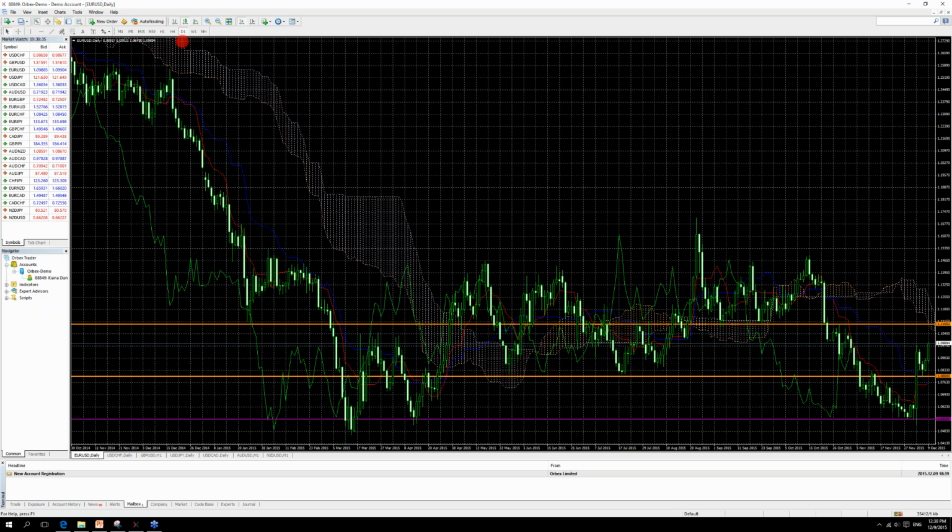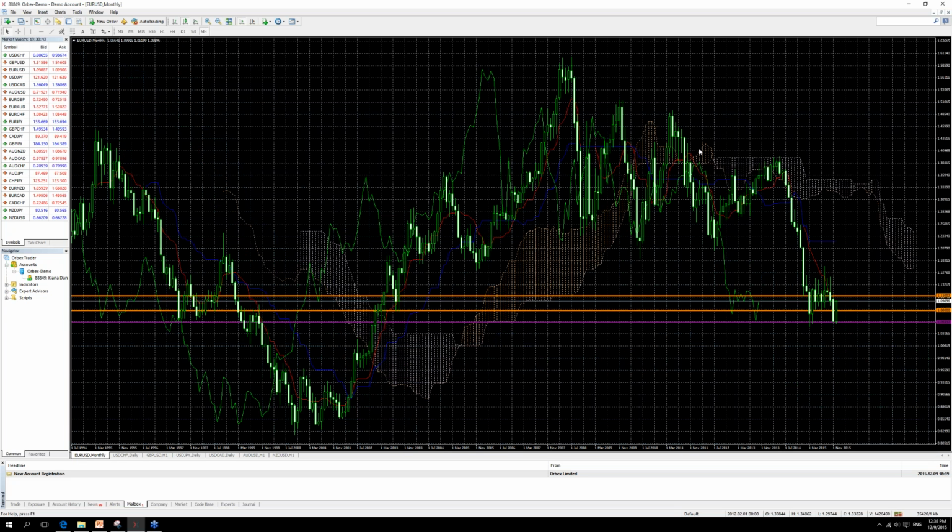But technically speaking, again, I want to zoom out a little bit and take a look at the monthly chart of the euro dollar. What is the story of the euro dollar at the moment? It's very interesting because it's kind of similar to the dollar cap. Surprise? No, because they both share the US dollar in common, and they both share a bad economy in common.